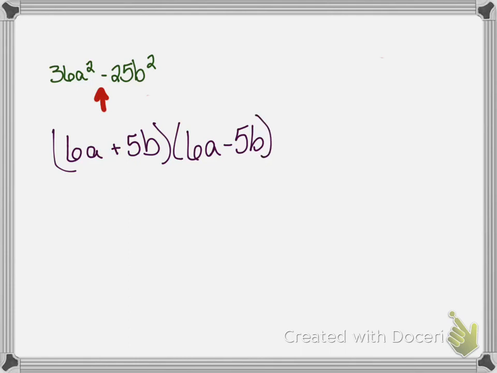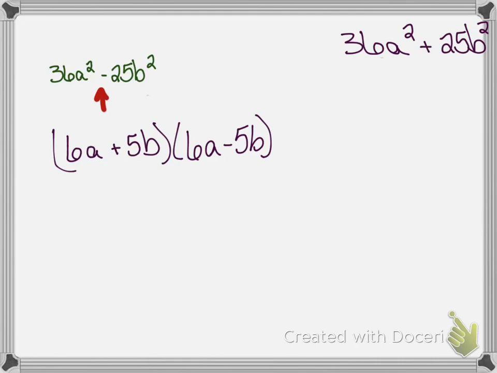Students tend to remember that. Unfortunately, they also like to apply this to the same thing. 36A squared minus 25B squared, that's one thing, and that can be factored. 36A squared plus 25B squared, that can't be factored.